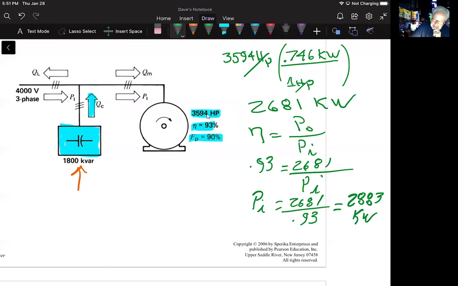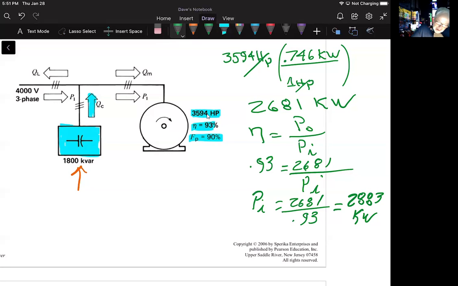A lot of things to notice there, a lot of particulars to get to that point. The output is being measured some way, and so they're looking at what the output of the motor is.